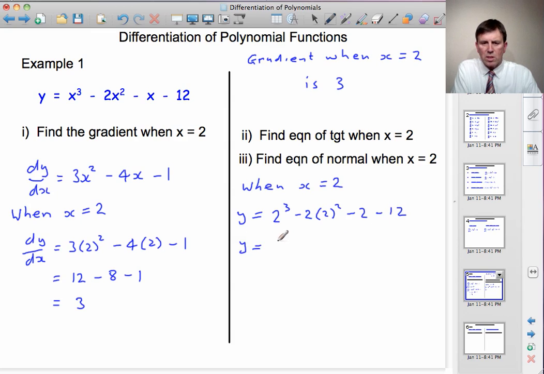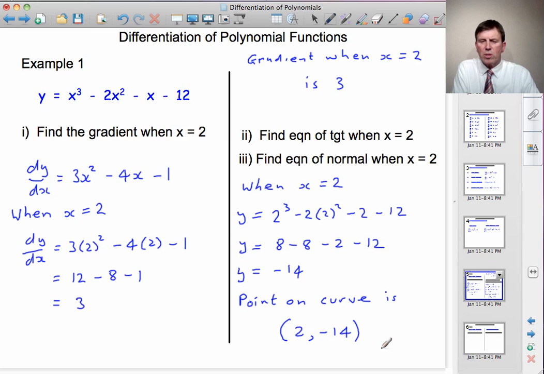So y equals 2 cubed is 8, minus 2 times 2 squared, that's minus 8, minus 2 minus 12. So the 8's cancel and I'm left with y equals minus 14. So let's say the point on the curve that we're interested in is the point x is 2, y is minus 14.